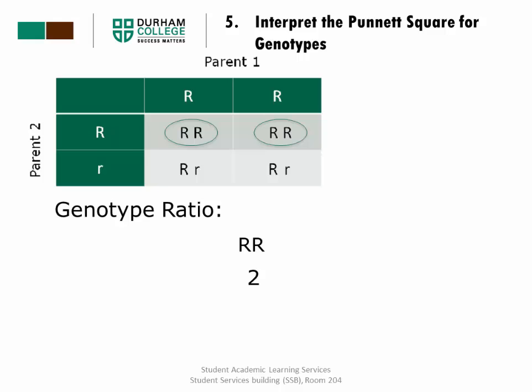Additionally, there will be offspring that have capital R, small r genotype, and again, there are two of these. We should record this as well. We now have the genotypic ratio of 2 to 2. If we need to record this ratio as a percentage, we can convert the ratio to 50%, half of the offspring will be capital R, capital R, and 50%, half, will be capital R, small r.